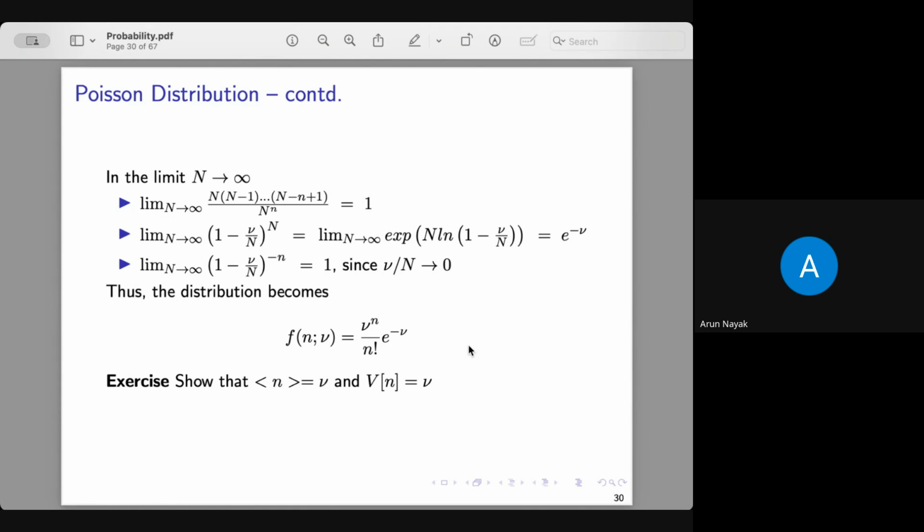When we get these numbers, they will fluctuate, and those fluctuations can be modeled using a Poisson distribution. You can show in this case that the mean or expectation value of n is nu, and the variance is also nu.